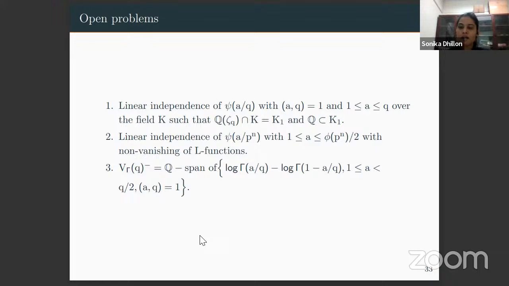The application part, which is how to relate the linear independence with the L-function, I haven't done. I have studied in terms of the linear independence of numbers. So one can relate it to the L-function also, and even for the higher k, say k greater than 1. In that direction, I don't know much about these.